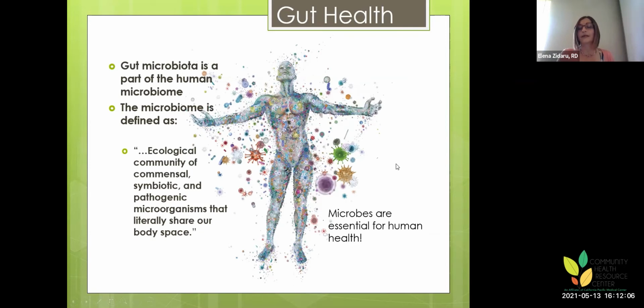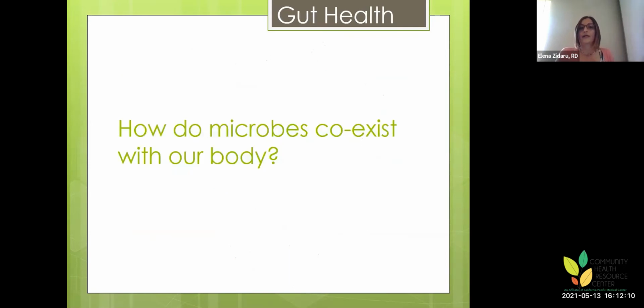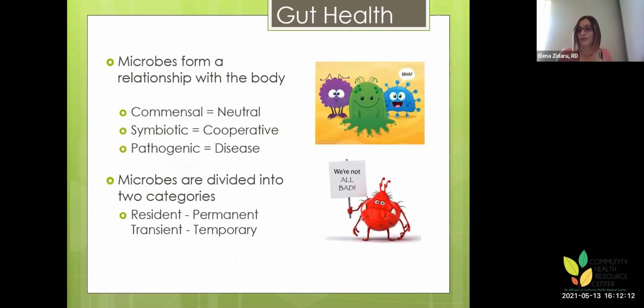But the whole idea is that the microbes are essential for human health. And how do they coexist with our body? We have three types of bacteria: the neutral one or commensal, and symbiotic, which are the ones I like to call the good guys, the ones that actually enhance and help our health.